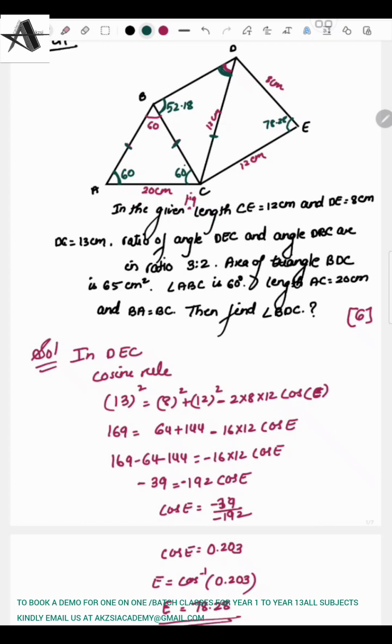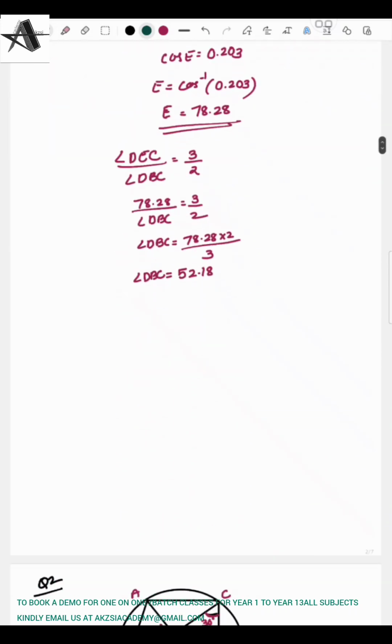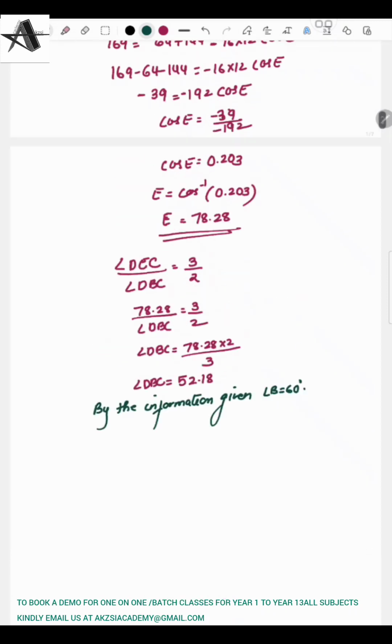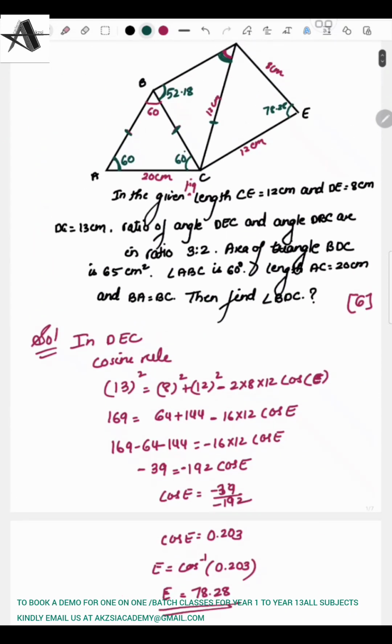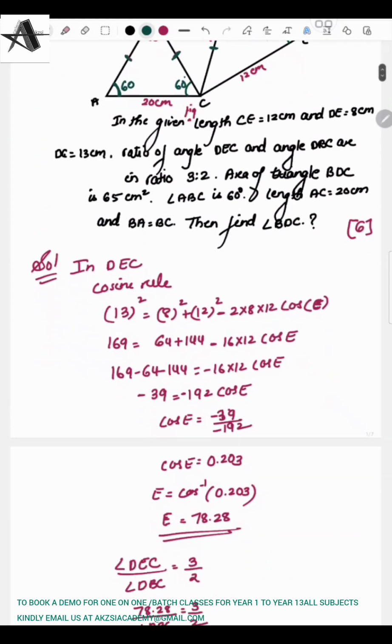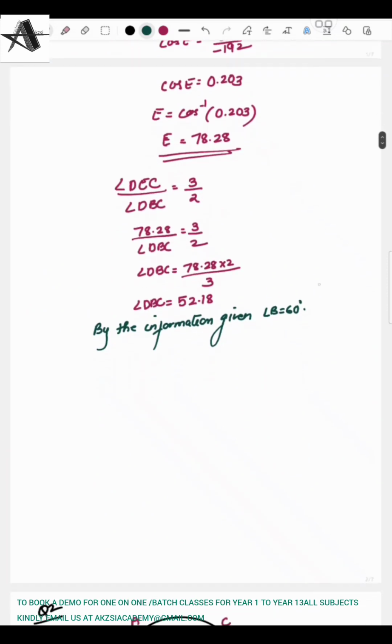So we can say by the information given, angle B is equal to 60 degrees. Angle B is given as 60 and BA is equal to BC.